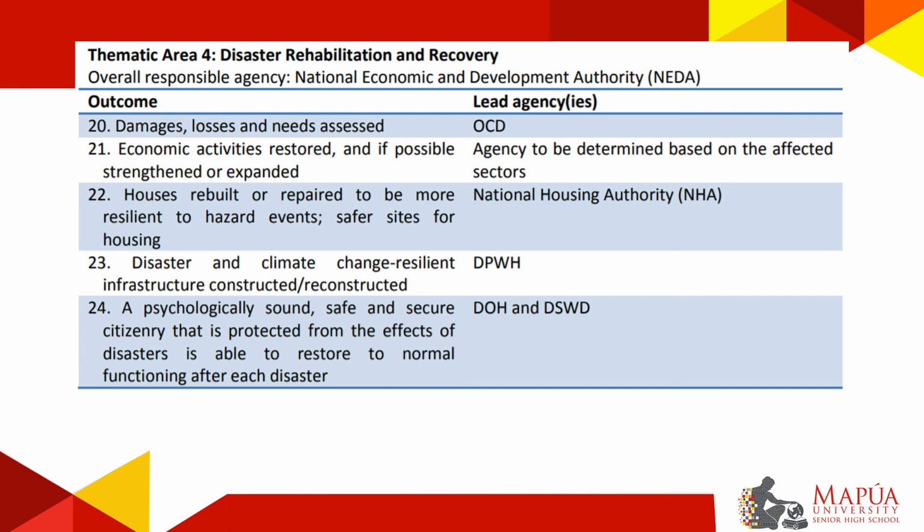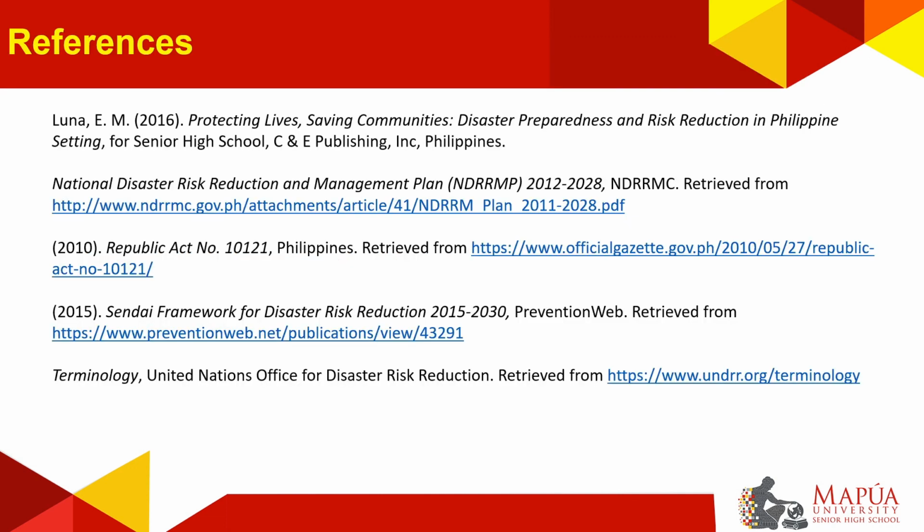That is the National Disaster Risk Reduction and Management Council's plan when it comes to a thematic approach to reducing the risks and the damages that are done when there are natural disasters and naturally occurring hazards in our environments.